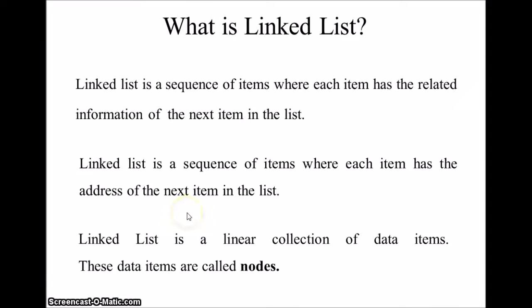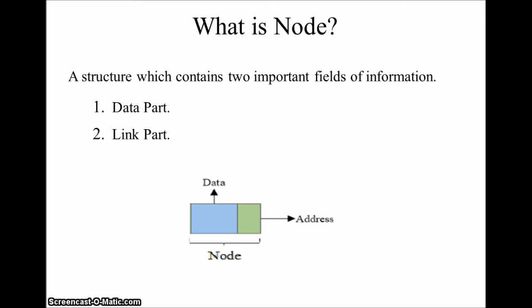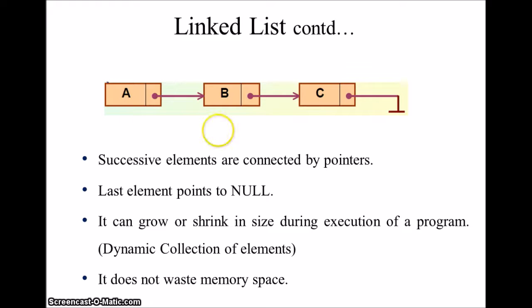So a linked list is a linear collection of data items where each item has the information or the address of the next item in the list, and these data items are called nodes. This is one example of a linked list where the data here is A, B, C. The node A has the address of the node B in its link part, depicted by this link arrow.